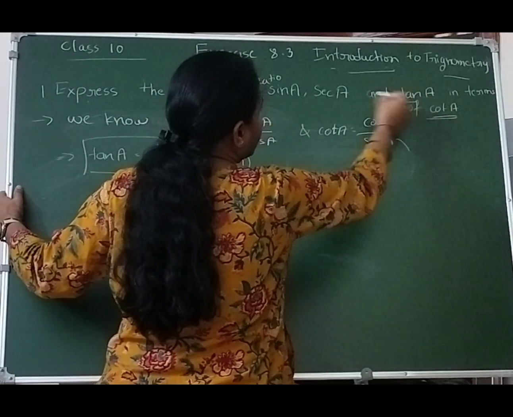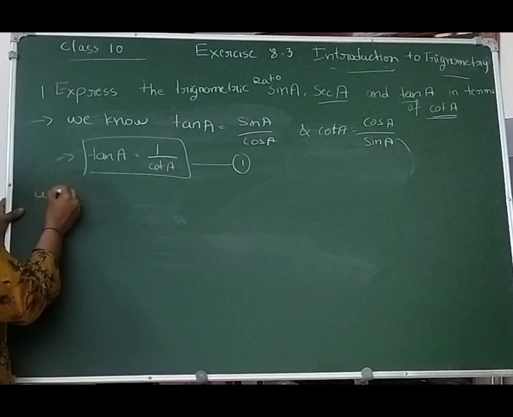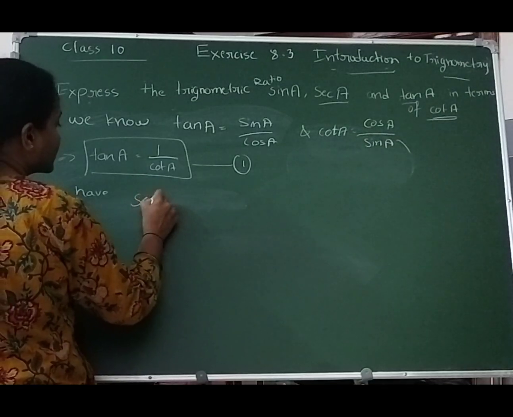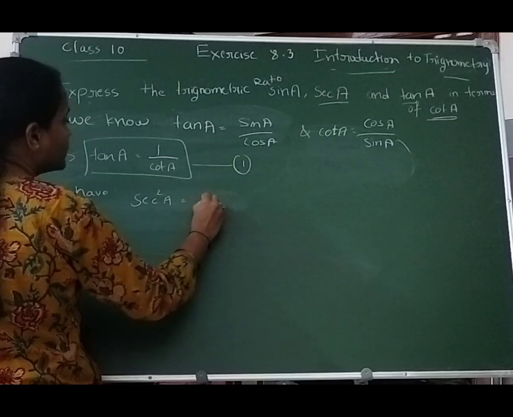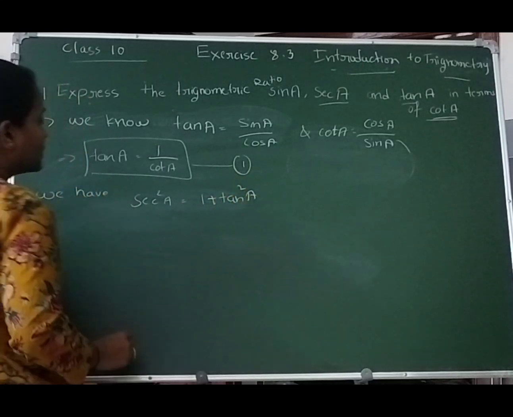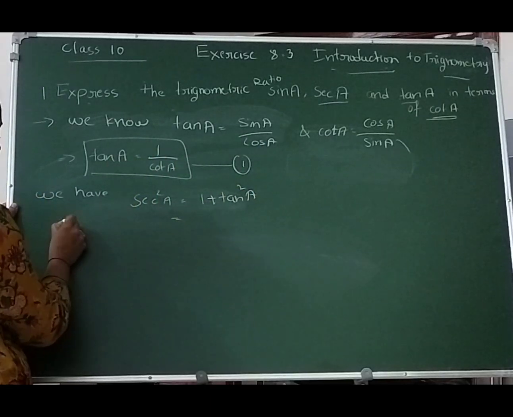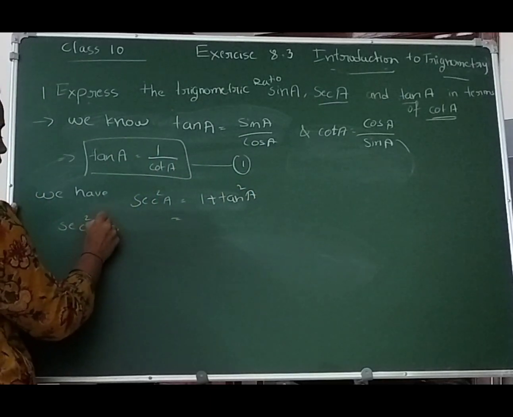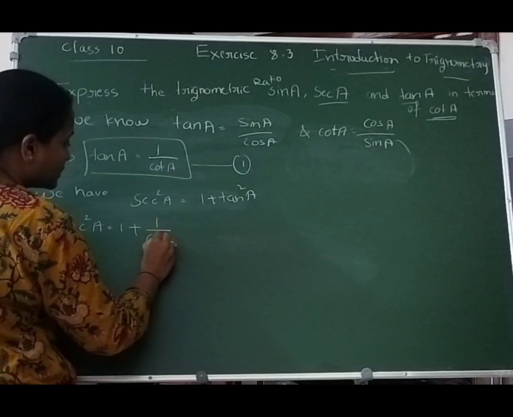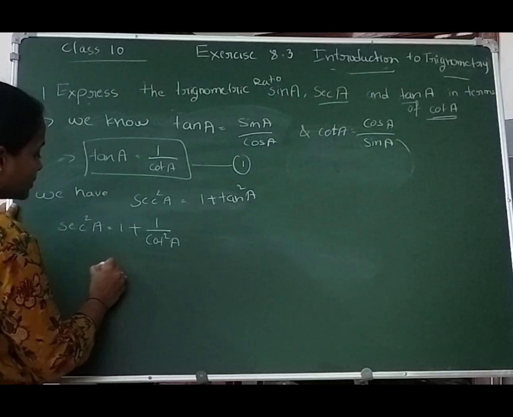So next we'll go for the secant A. We have the relation that secant square A is equal to 1 plus tan square A, and we know the tan value from equation 1. We'll substitute that here to get the answer. So it will become secant square A is equal to 1 plus 1 by cot square A. Let's simplify by taking the LCM.